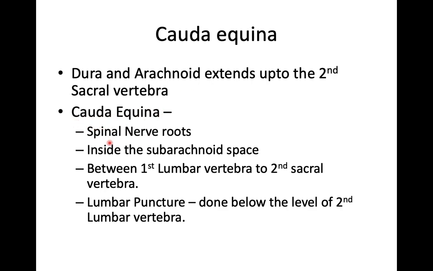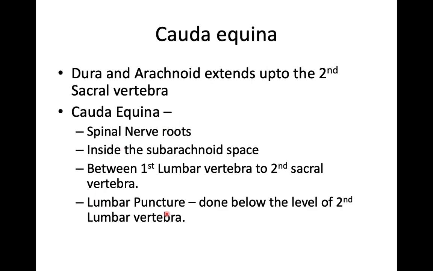So the cauda equina is the spinal nerve roots inside the subarachnoid space from the first lumbar vertebra to the second sacral vertebra. It's a tuft of only nerve fibers inside the vertebral column, which looks like the tail of a horse. That's why it is known as cauda equina.